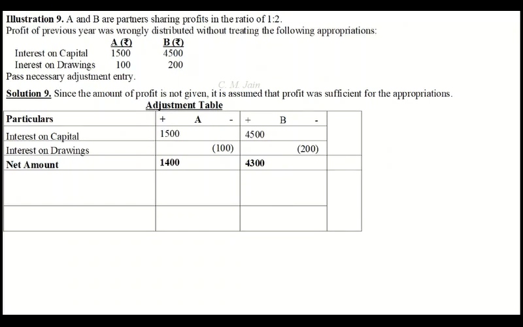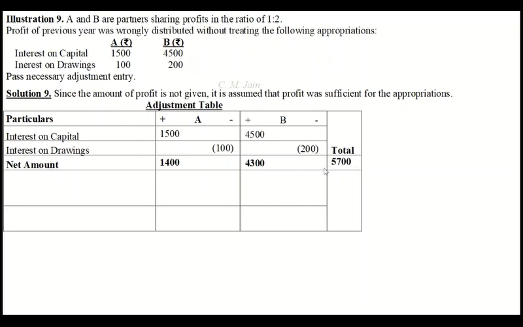That means in total, the firm had to give 1,400 plus 4,300 to both the partners in the form of appropriations. So now our last column comes into picture. The total of 1,400 and 4,300 is 5,700. Now what is this amount?